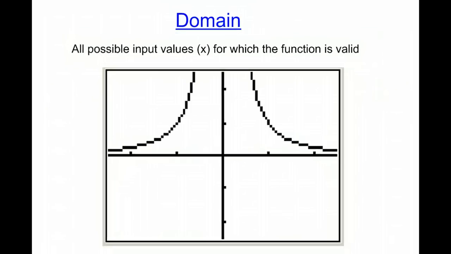Now this has the parent function f of x equals 1 divided by x squared. And as you see, these lines or graphs will approach the x and y axis but never actually equal it. So that's where our asymptotes occur. On the x-axis, there's an asymptote, and on the y-axis, there's an asymptote.